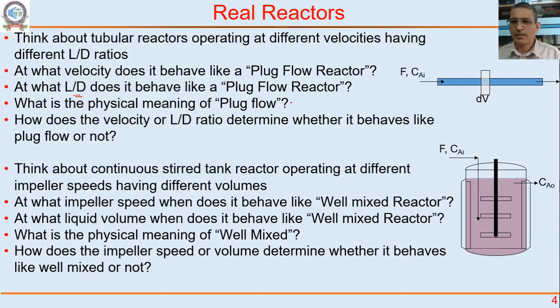Suppose a reactor is like this. Very long. Let's say L by D is 100. I'm not drawing L by D equal to 100. I'm just trying to say that this is very long, length is very large as compared to diameter.